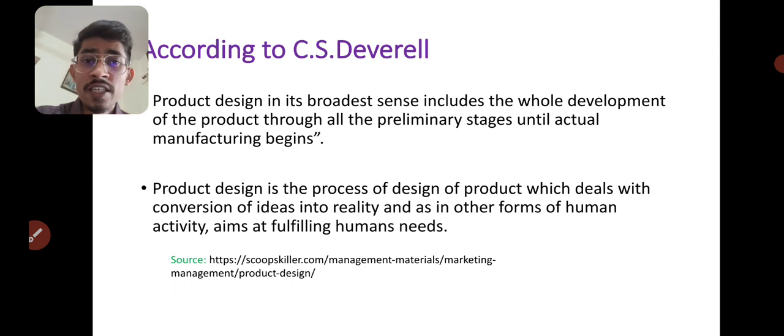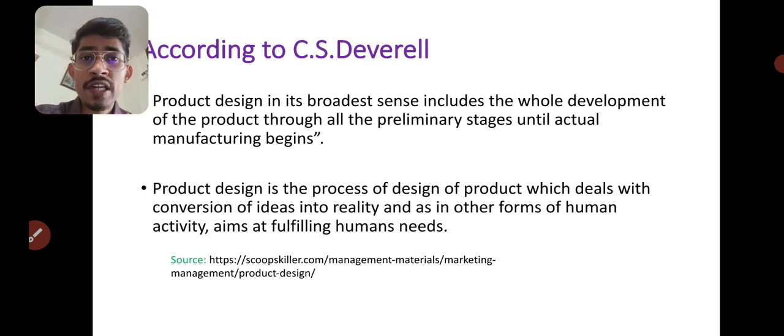Now the second definition I have provided: product design is the process of design of a product which deals with the conversion of ideas into realities. This is a very simple definition. From idea into reality, into a tangible product, which will satisfy the customer's needs, customer's requirements, human needs.